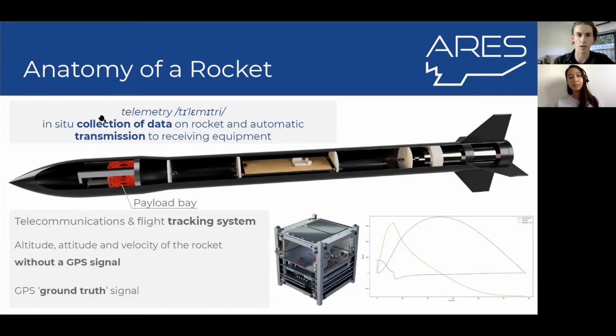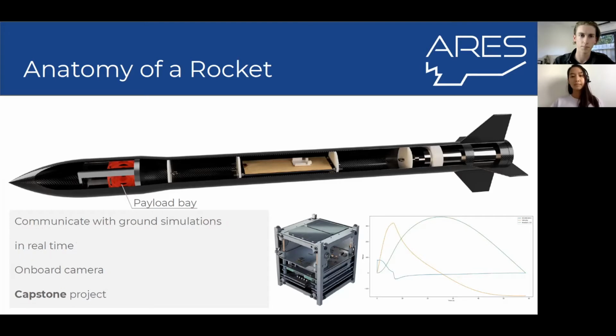It's going to be transmitting data in real time, and that's going to be constantly sent back and forth from the ground to the rocket. So that's called telemetry. And we're going to have an onboard camera, which Anne mentioned as well. And as I said, it's going to be a capstone without using GPS.